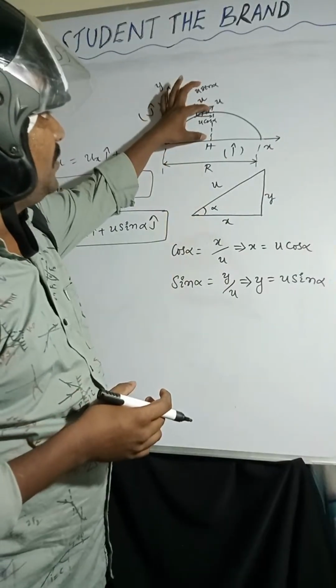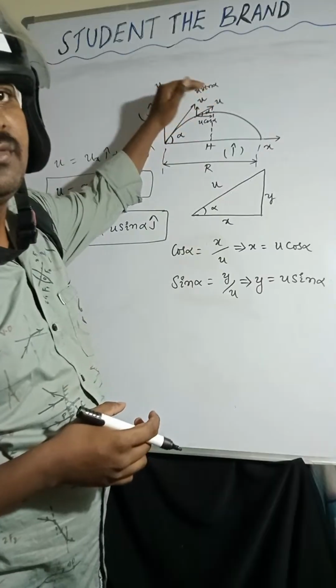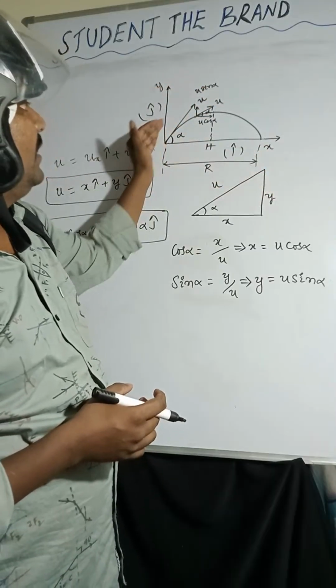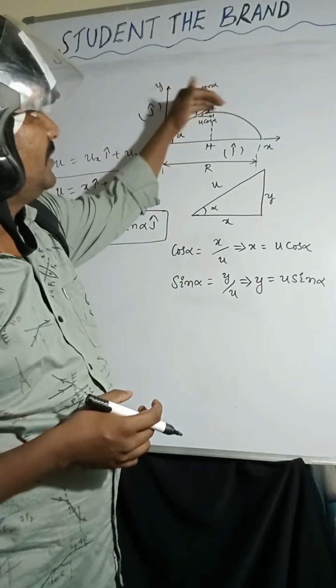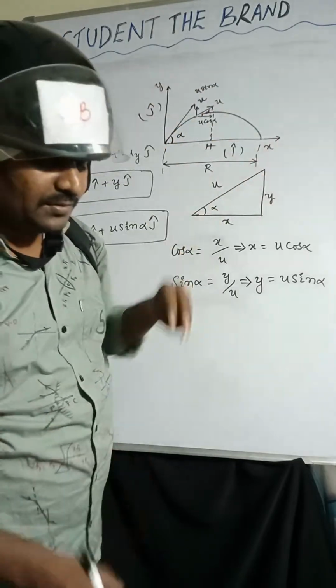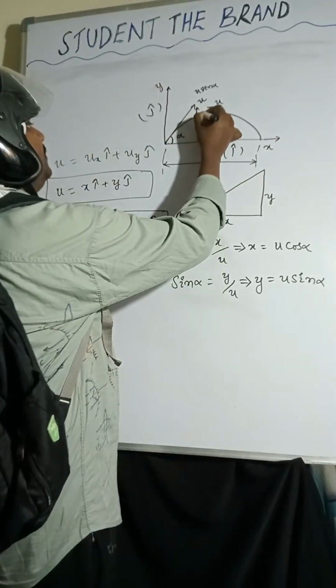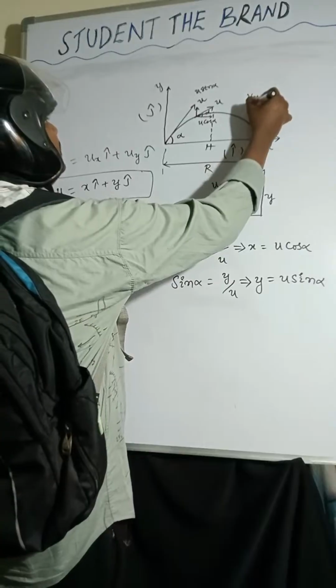This is the maximum height, exactly at the middle. From there onwards it starts falling down. Until here it is moving up, and after this point it is coming down. At this point vertical velocity becomes 0, Vy becomes 0, so be careful.